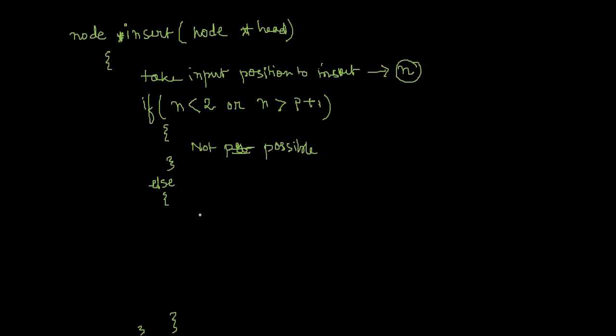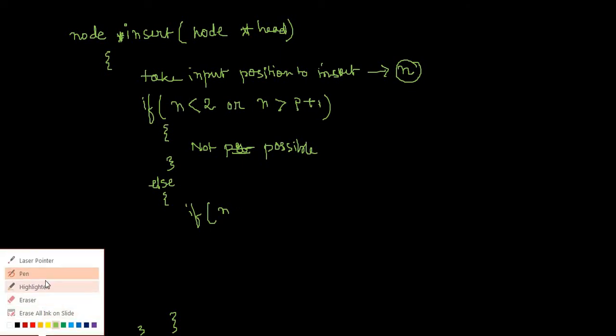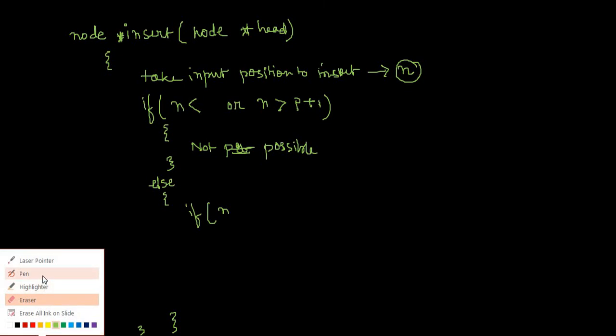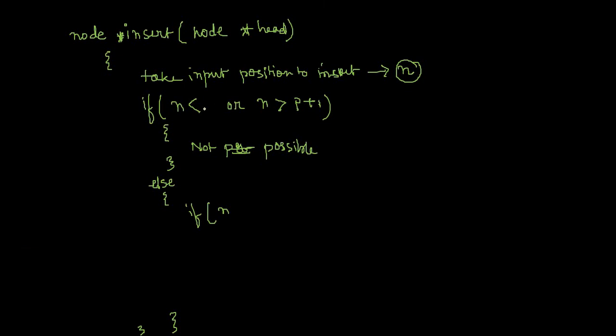So here we must have 2 more categories. I'm sorry, I should not write n lesser than 2. I should write n lesser than 1. N can be 1 also, the first position, right?